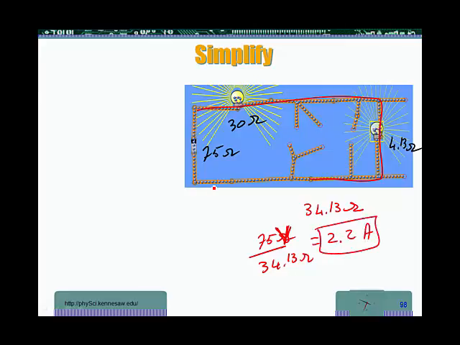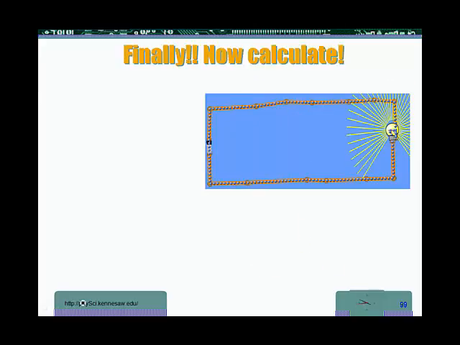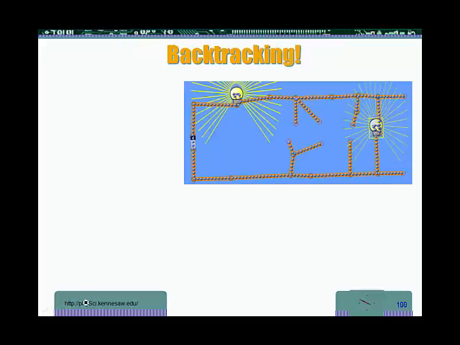So we know the current here is 2.2 amps. Now we backtrack. This is 2.2 amps.